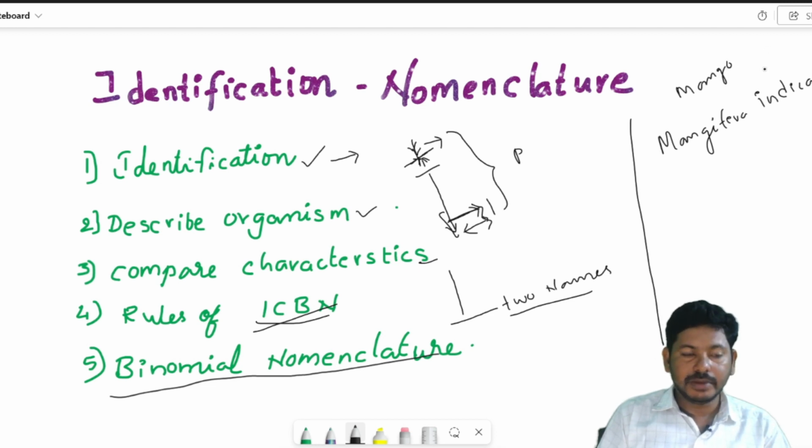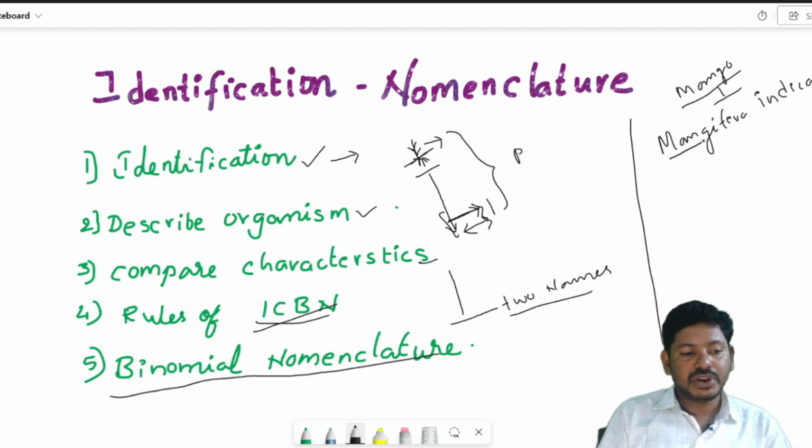But here, how many names does it have? This tree has two names. This two-name system is called what? Binomial nomenclature.